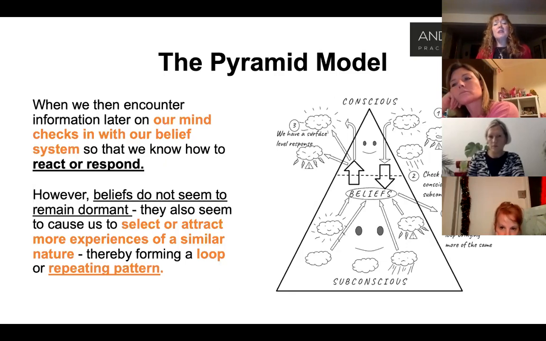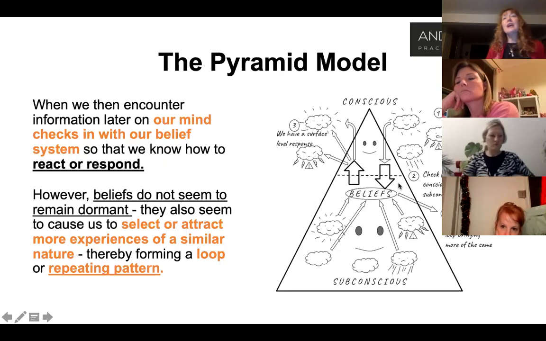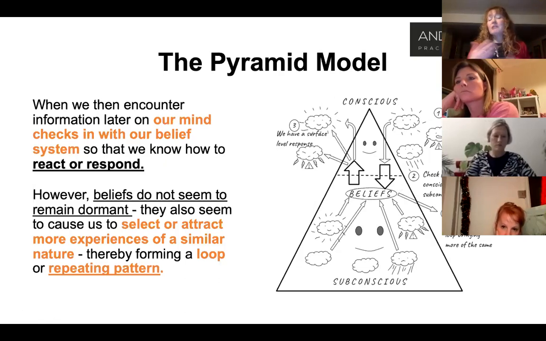Okay, but sometimes these beliefs seem to stay there, and they trigger, and they'll attract other experiences of a similar nature. And that's where we start to get into this sort of loop. I don't know if you can see over there, a loop of the same things happening over and over again. And we're not aware of these things. We're not aware of the fact that we keep attracting perhaps the wrong person and getting the same behavior and creating the same behavior ourselves.